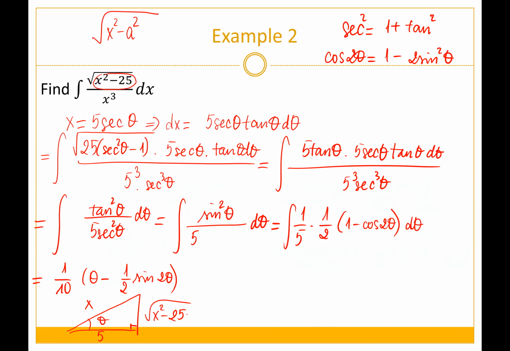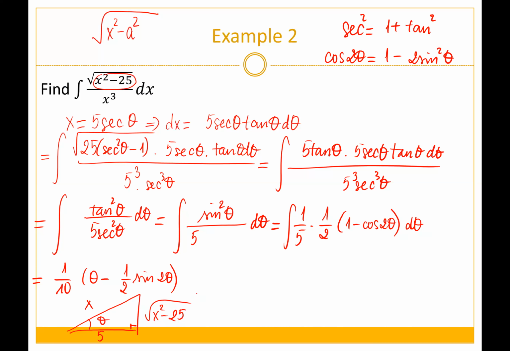Again, this is the part that confirms our final answer is correct. And so now I'm just going to put it back. So theta is inverse secant of x over 5 minus 1/2 sine 2 theta.